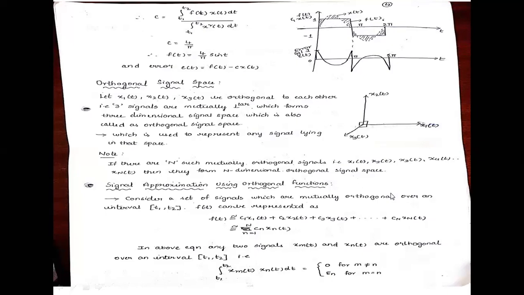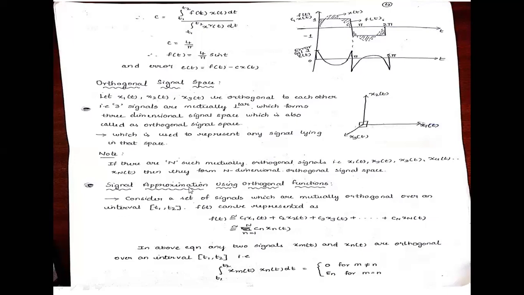Comparing any two in the signal space, if in between there is 90 degrees, mutually perpendicular to each other, then we can call it orthogonal. If more than two, we call it an orthogonal signal space. If 3, three-dimensional. If n, n-dimensional orthogonal signal space. All right.